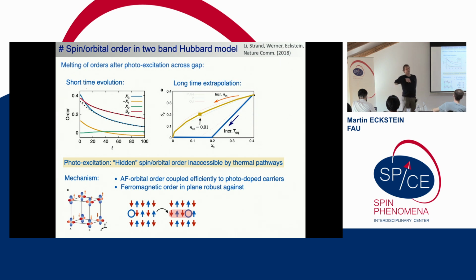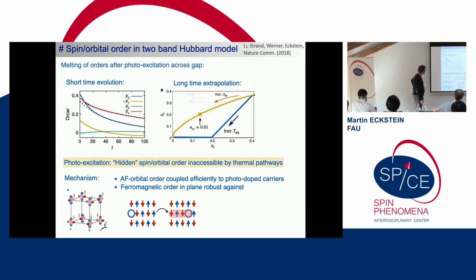When it moves in a ferro-ordered background, it does not disturb this order. This is why the order which is more robust under thermal fluctuations in this case is quickly destroyed by the photoexcitation. So it's one microscopic example of these mechanisms where the order parameters behave differently in dynamics than in thermal equilibrium.